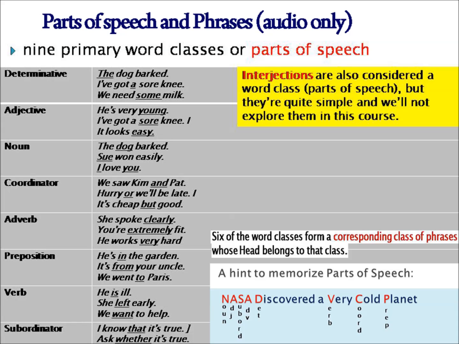It looks easy. Okay. Now, easy is orbiting around something else in the sentence. What is it? It looks easy. What is it that easy is orbiting around?